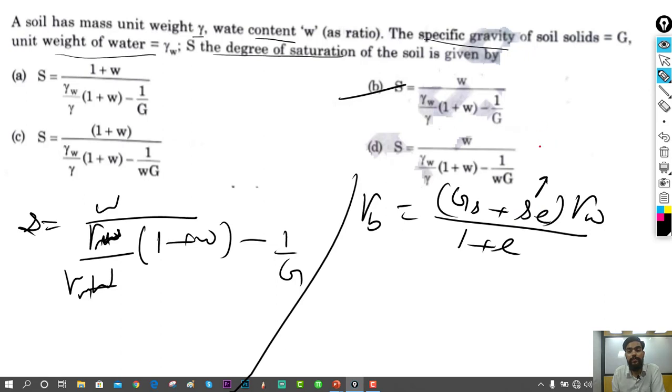And what is the value of S e? We know that S e equals to W G, so we can put W G instead of S e. So when you solve or simplify this, then you will come to this result. So our correct option is option B.